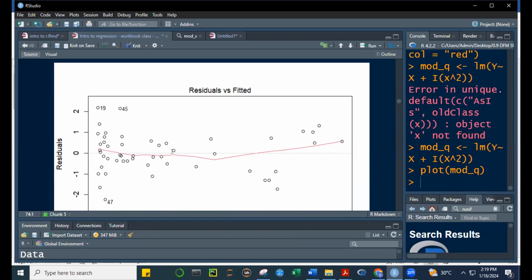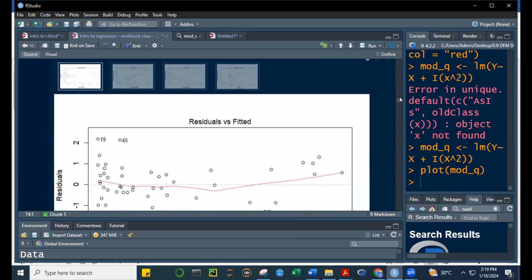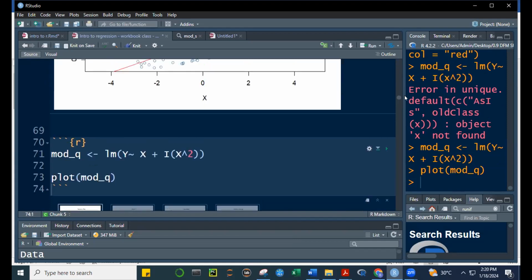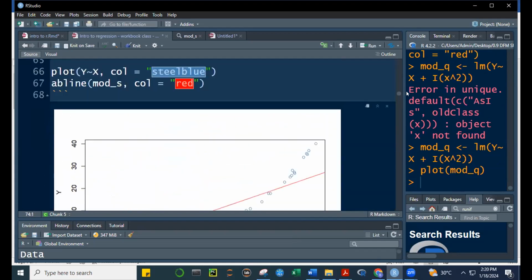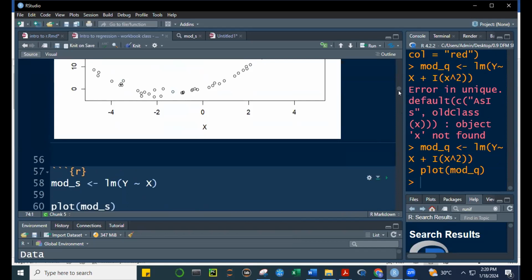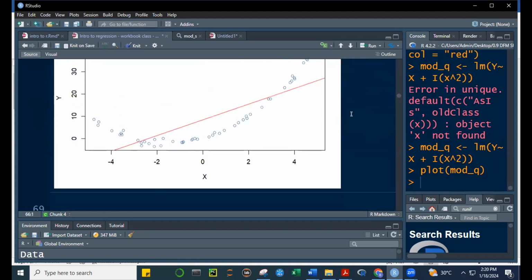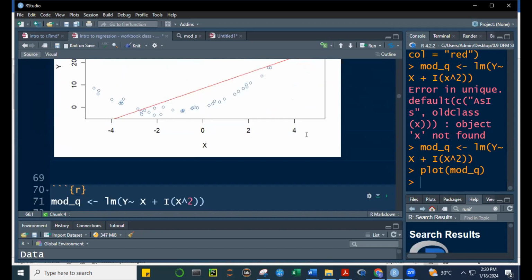Ito heteroscedastic yung residuals na to. Hindi siya homoscedastic. Because what I did was I modeled si Y at saka si X, ang relationship nila is quadratic. So it does not make any sense to model Y and X using linear.